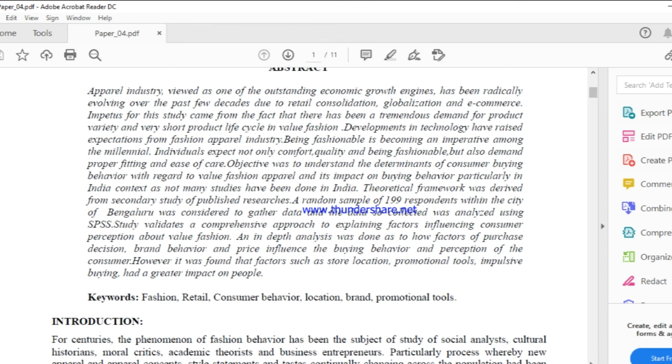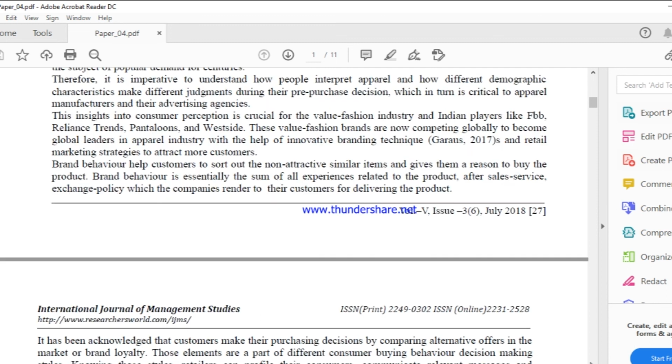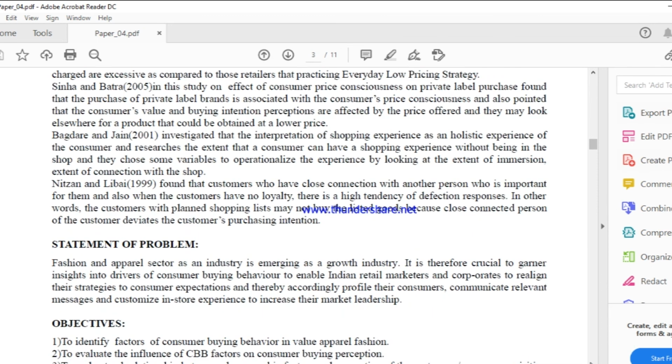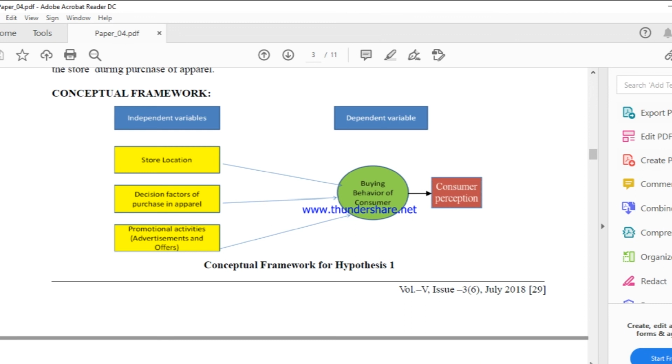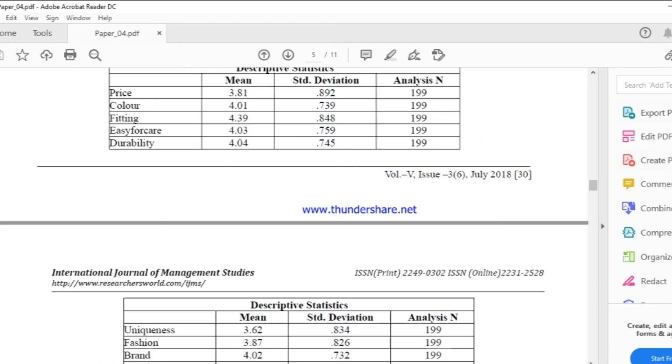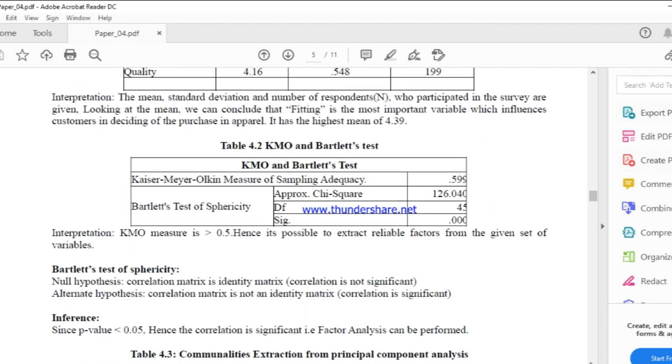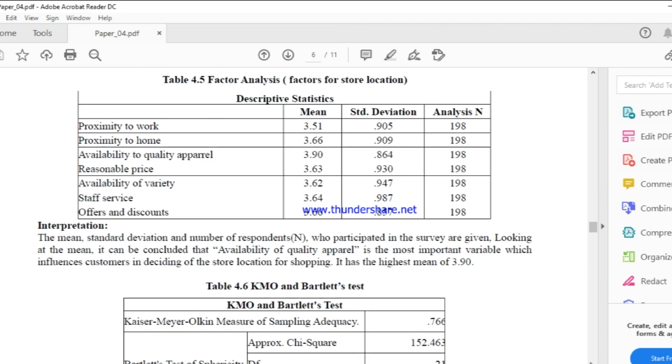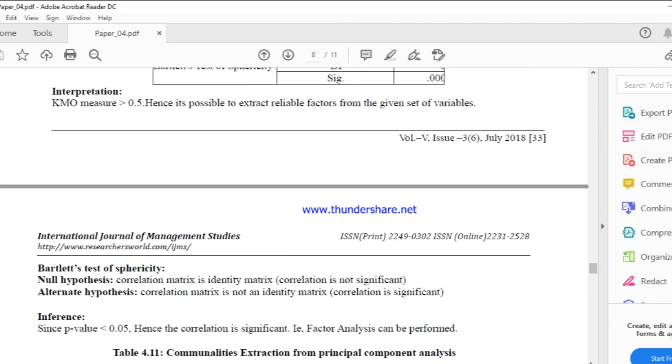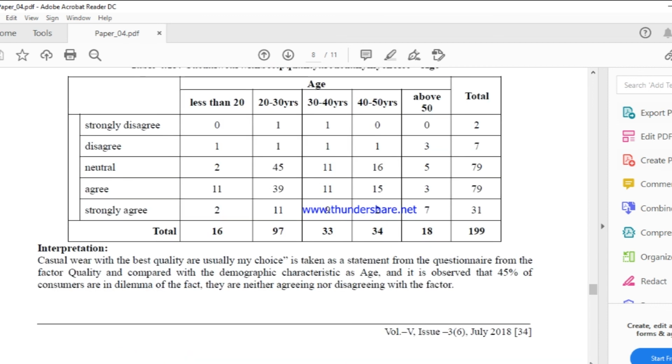they are presenting the abstract, introduction, literature review, their statement of problem, objectives, then conceptual framework, hypothesis, research methodology, data analysis. Then these are all the factor analysis tools that they have used. And then they are taking up interpretation, inferences.